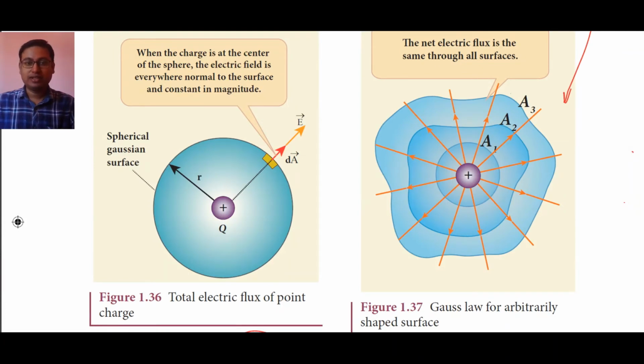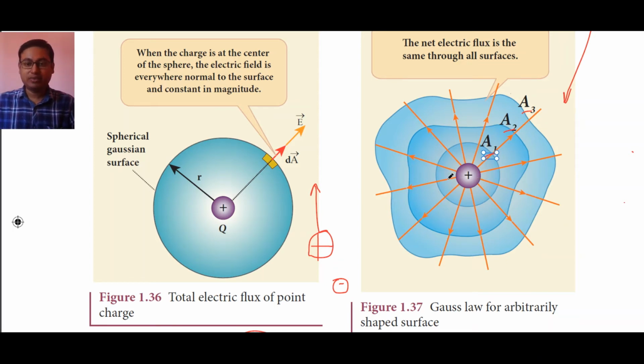Okay, so here you can see that we have three regions: region A1, region A2 and region A3. We know very well from our previous lessons that from a positive charge electric field lines go in an outward direction, and to a negative charge electric field lines come from outward to inward direction. Okay, so here we can see three regions. Region A1 is a perfect sphere. Regions A2 and A3 are of arbitrary shape.